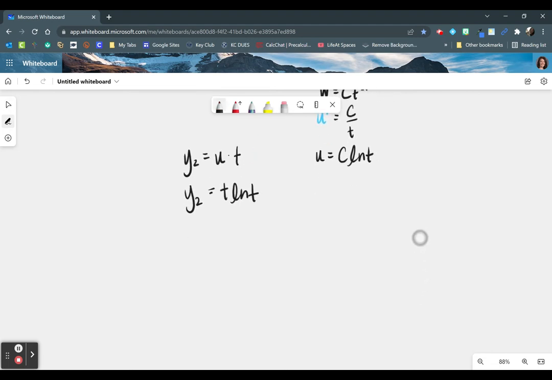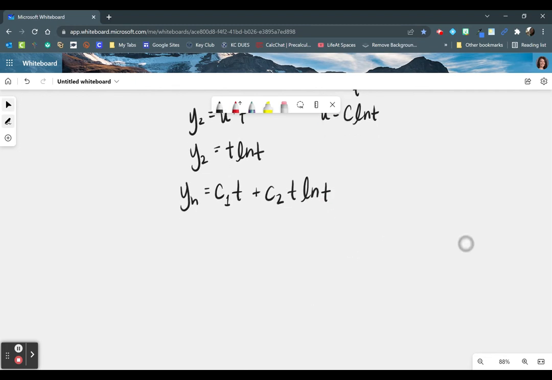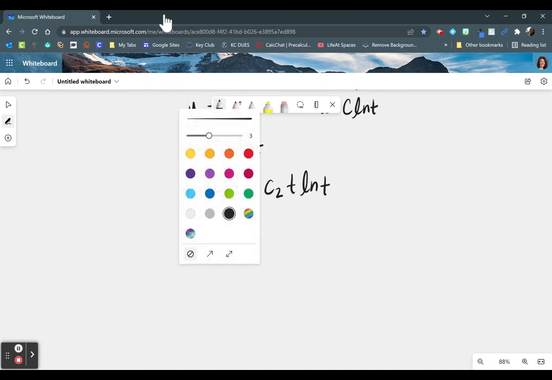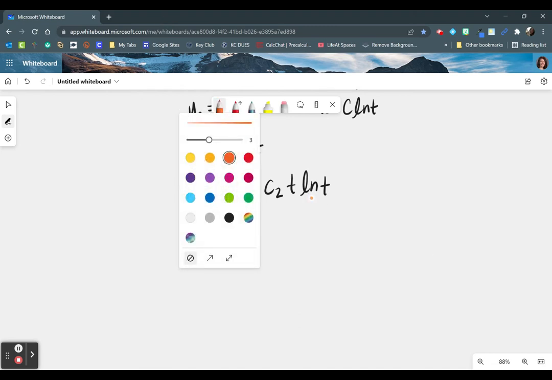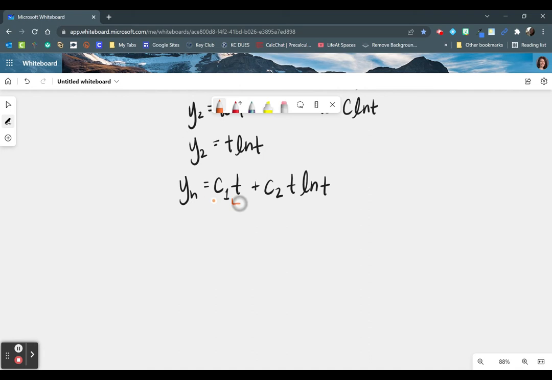And so for the homogeneous portion of my solution, y sub h, I get c1 times y1, which is t, plus c2 times y2, which is t natural log of t. Let me notate here that t is coming from my given y1, and t natural log t is what we just determined for y2.